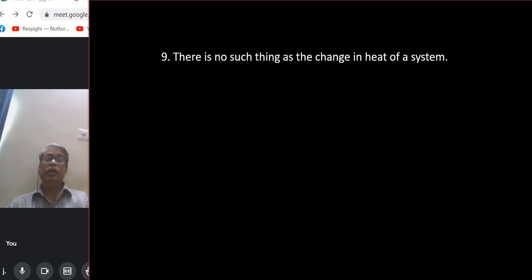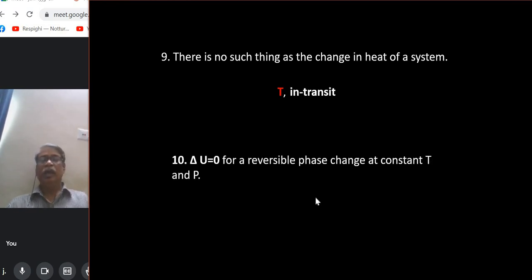But heat is not a state function, so how can you speak of the heat of a state, or the change of heat of a system from one state to the other? You cannot, right? But you can say the heat of a process in transit, or the work involved in a process, not the work of a state.